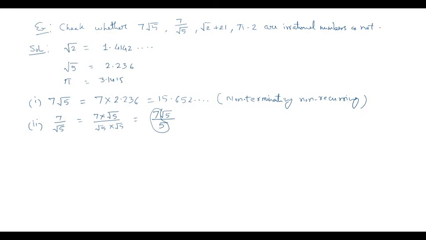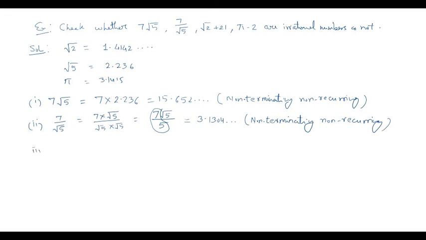Again, the multiplication of a rational and an irrational number gives an irrational number. When we perform this operation, we will get 3.1304 and so on. Again this is a non-terminating, non-recurring decimal expansion. Again, this is an irrational number.